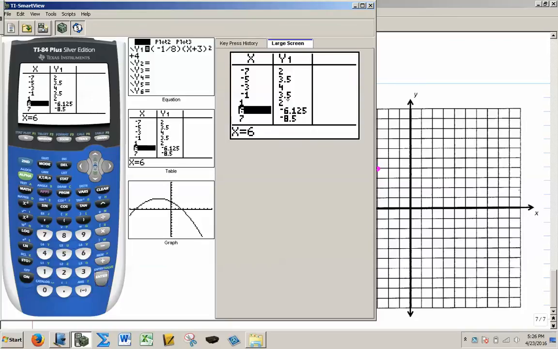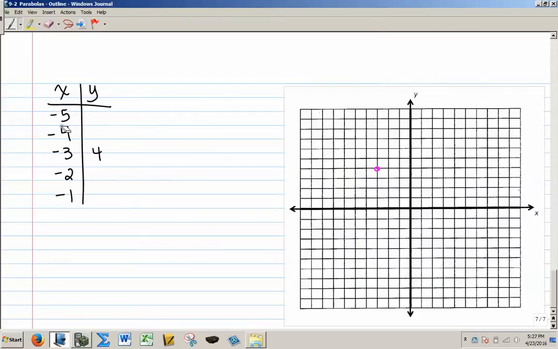I can actually go ahead and graph those halves, but I really didn't like having the other ones. So I'll go over here and change my table a little bit. I still had -3, and I had -5, -7, -1, and 1. And that gave me 2, and 3.5, and 3.5, and 2. Let's graph those.